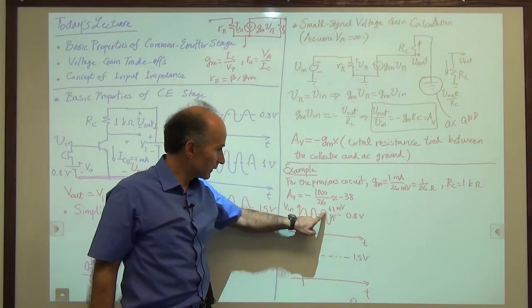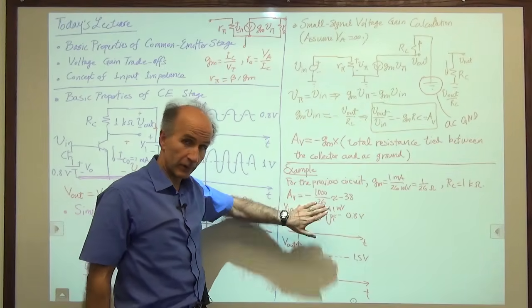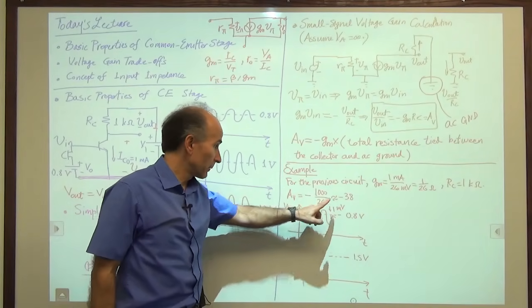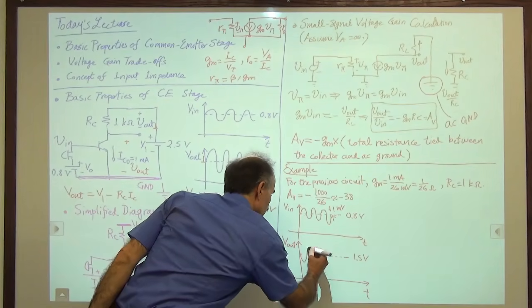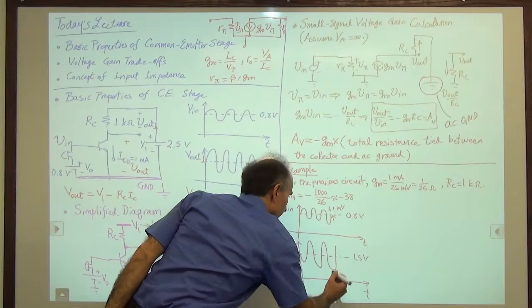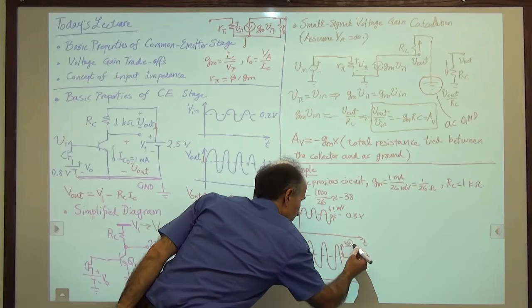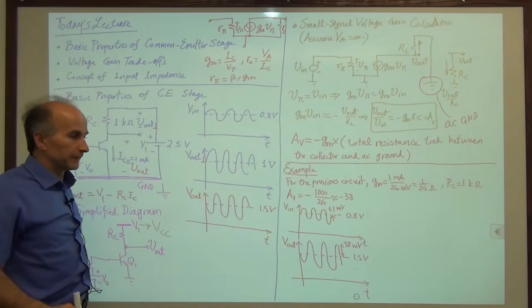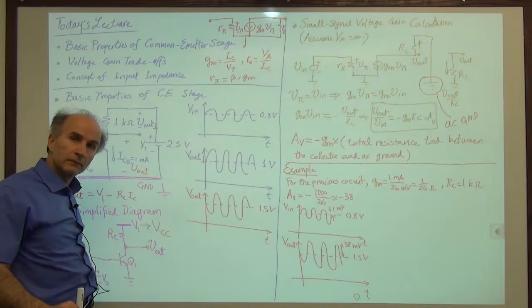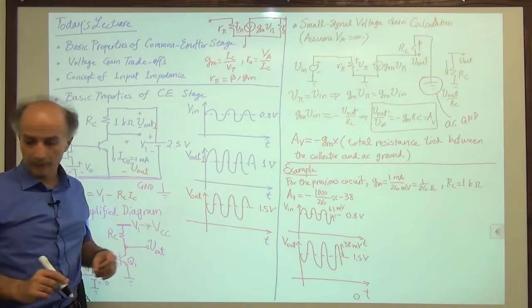So this amplitude will go up by a factor of 38. And then the entire signal is flipped upside down because there is a negative sign. So what we will see is something like this is flipped, and this amplitude is now 38 millivolts. Okay, so that's simple enough. We understand everything about this example.